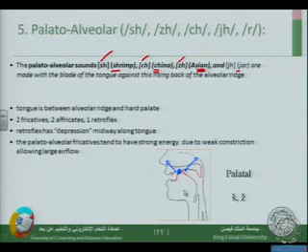To make sounds like ch, j, you should put the blade of your tongue between the hard palate and the alveolar ridge. Ch, sh, j. See, we have two affricates right here.